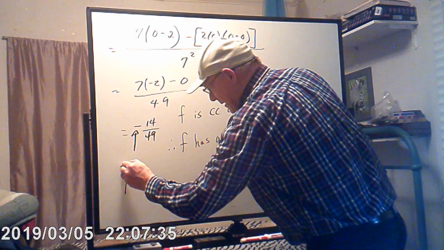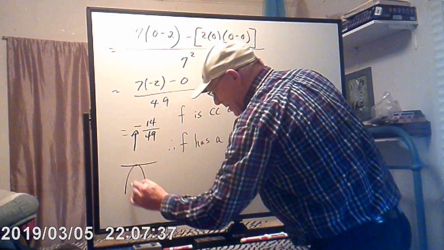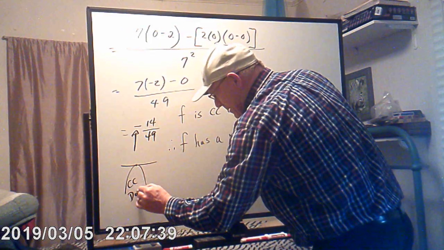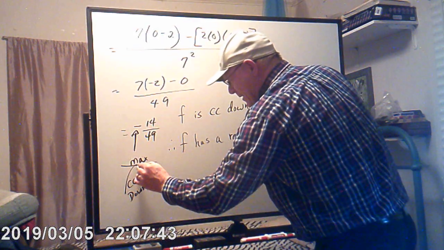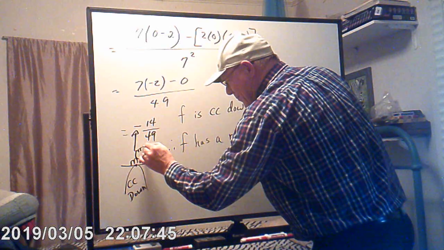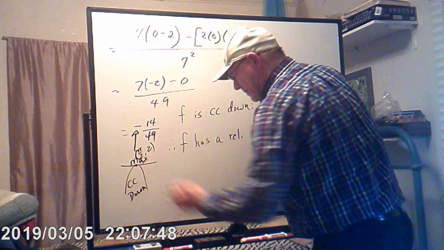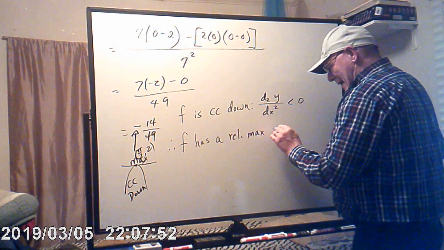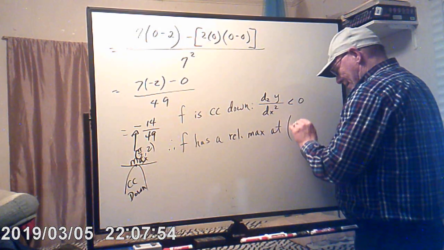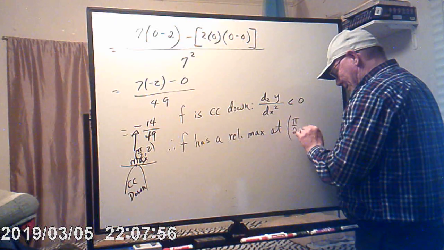So since this is concave down, we have a max at this point, which, what is that point? Pi over 2, comma 2. So f has a relative max at the point pi over 2, comma 2.